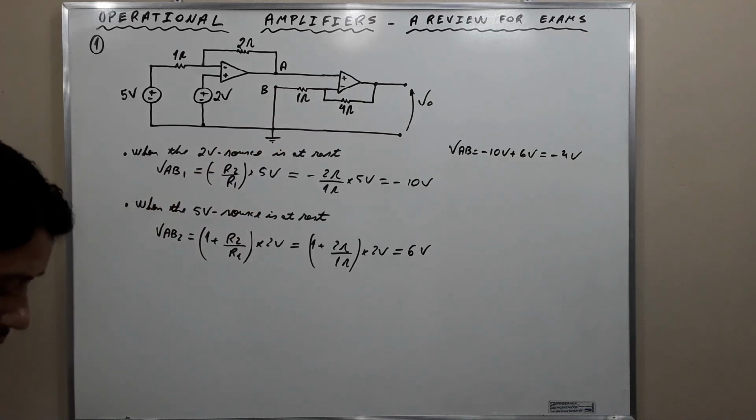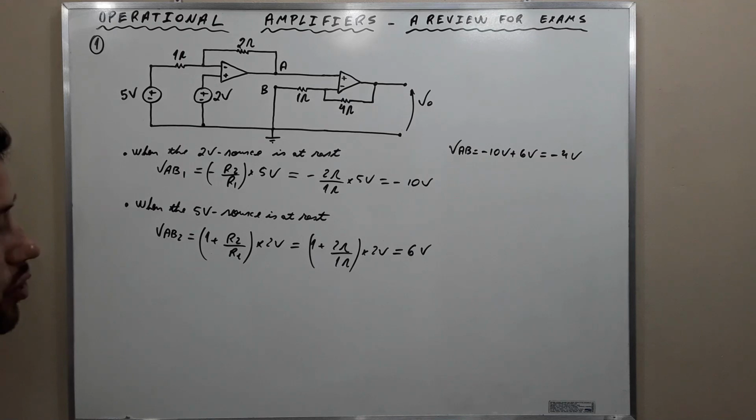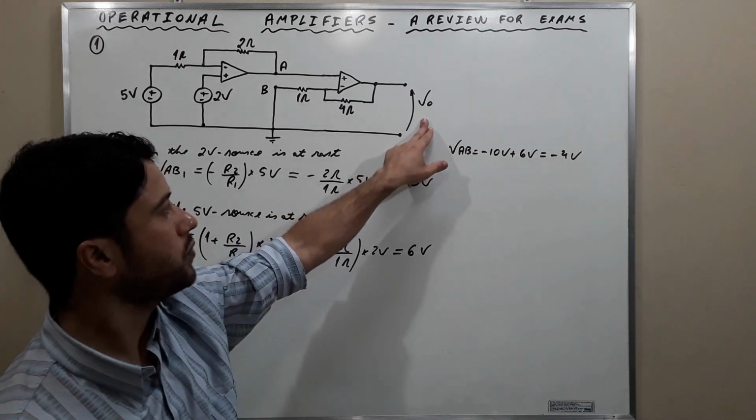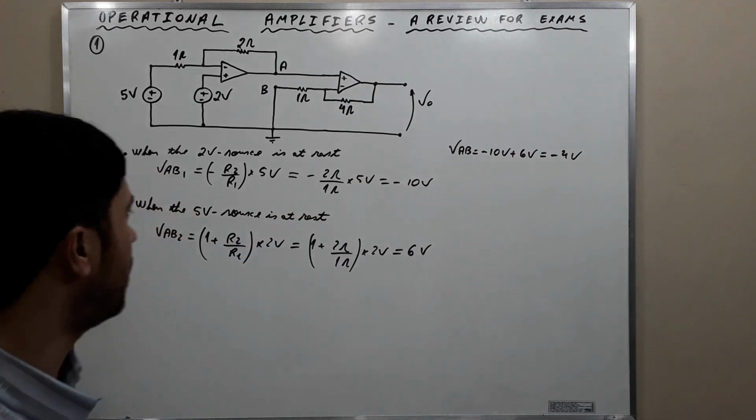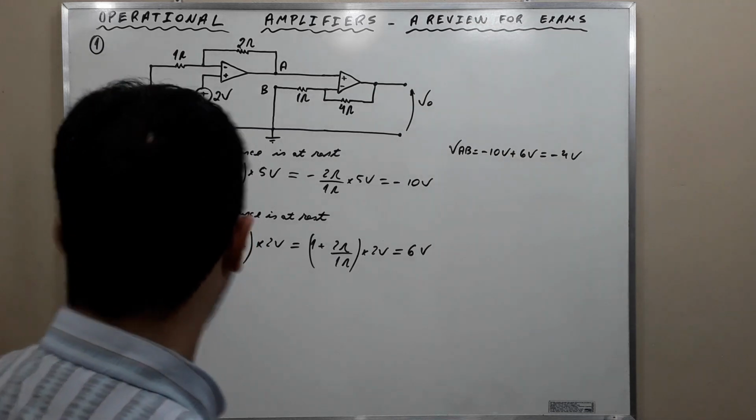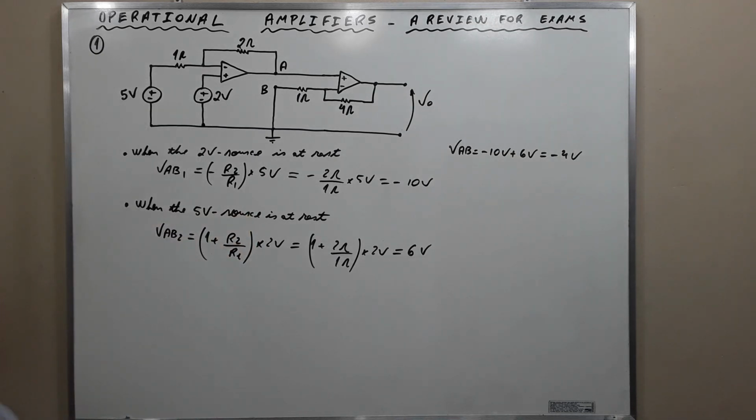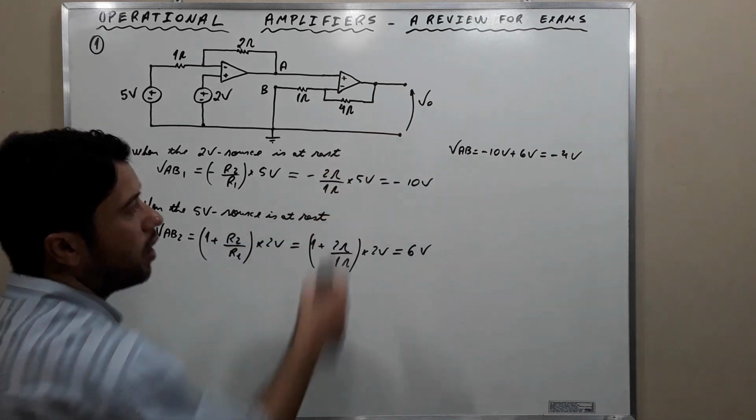With this result, we can calculate the output voltage. Now, we are interested in VO, the output voltage. And this last result, VAB, enables us to calculate VO.